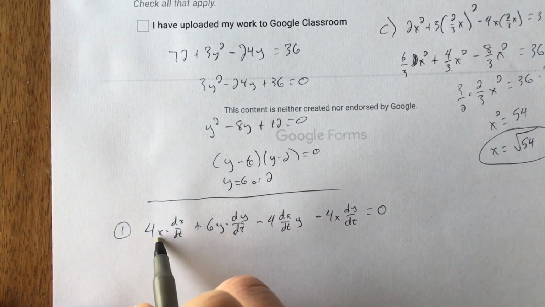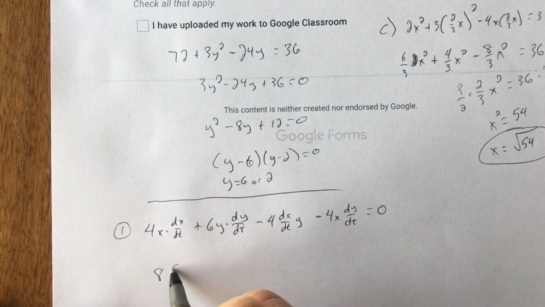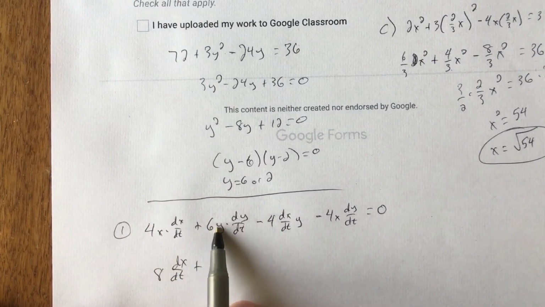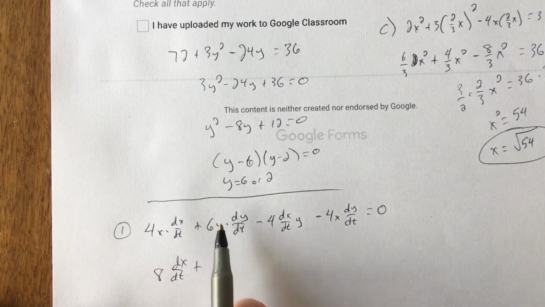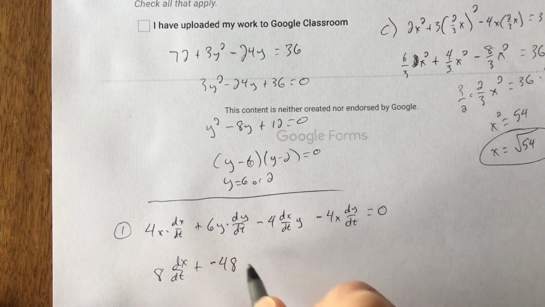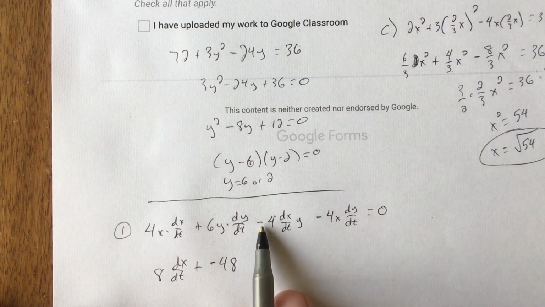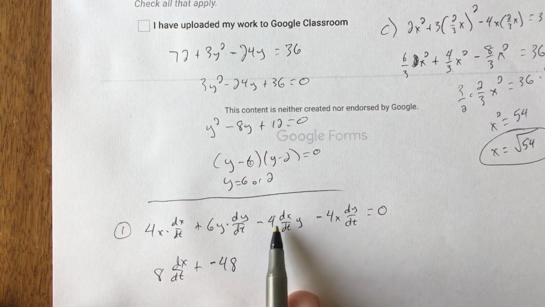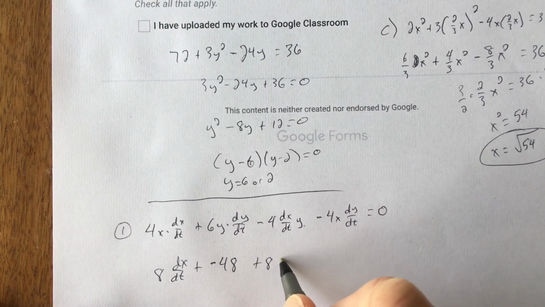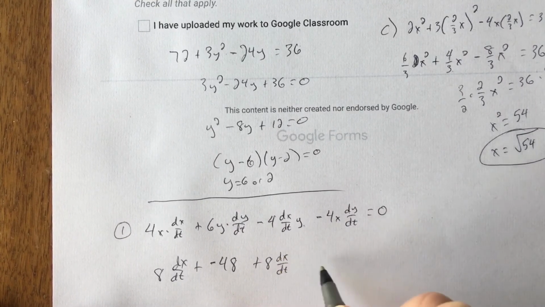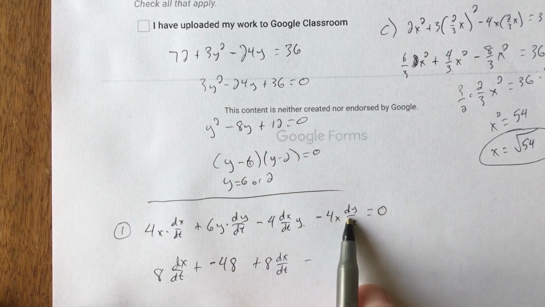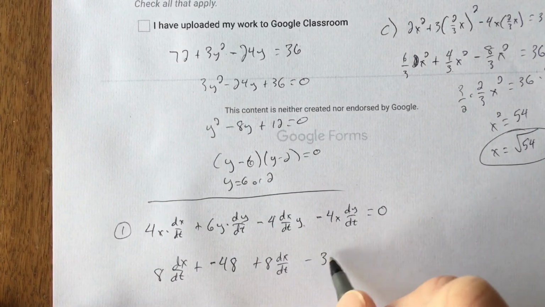So this is 4 times 2, that's 8 dx/dt, which is what we're trying to find, plus 6 times -2, -12, times 4, which is -48. And then -4 times dx/dt, which is what we're trying to find, times -2 would be a +8 dx/dt, minus 4 times 2, which is 8 times dy/dt 4, so that's 32.